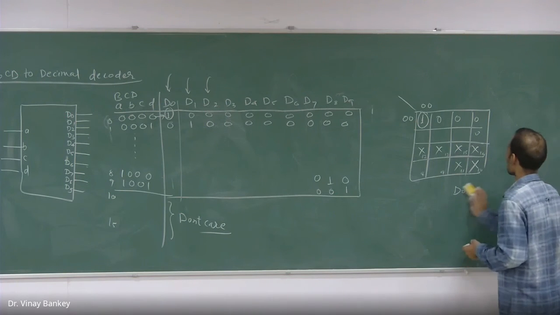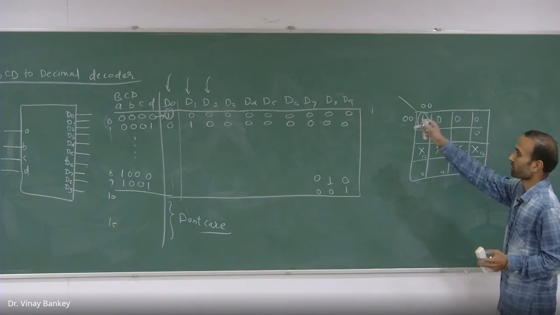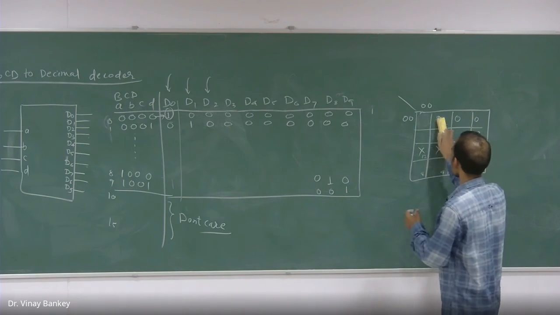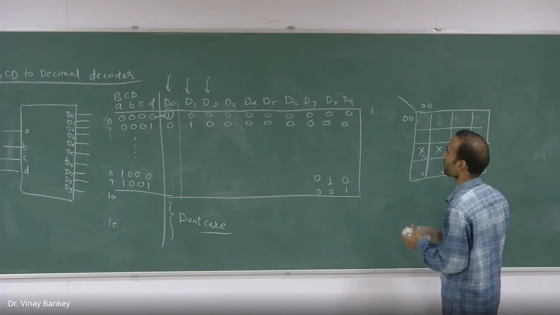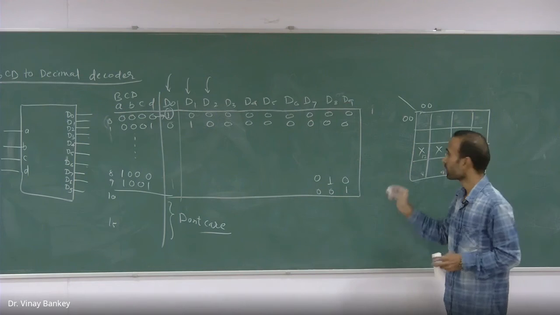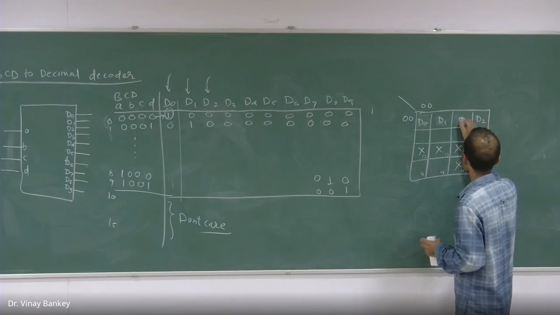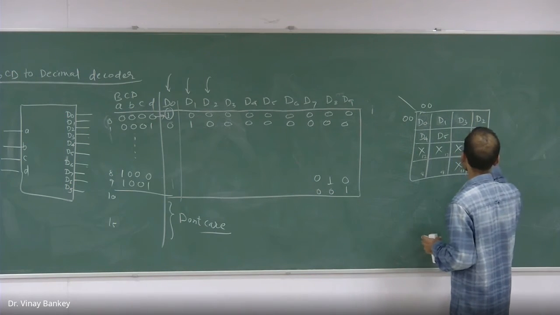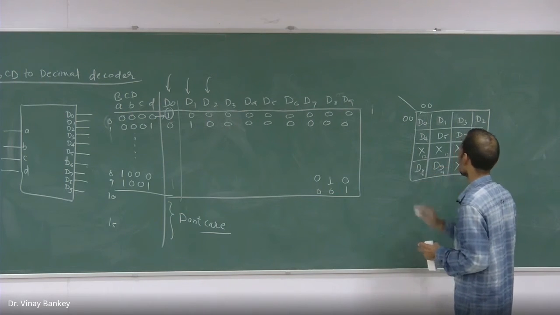So now I will show you how you can obtain the minimized Boolean function for each of these using only one K-map. Because each and every output, D0, D1, D2 till D9, has only one high bit, I can write here D0, D1, D2, D3, D4, D5, D6, D7, D8, and D9.